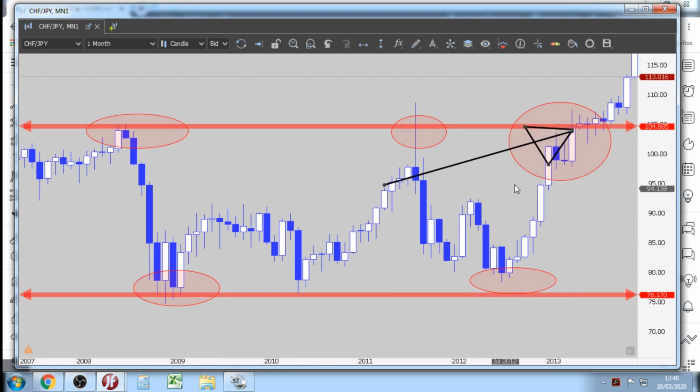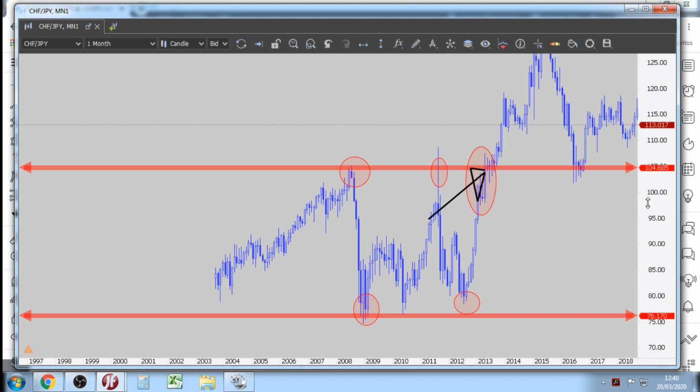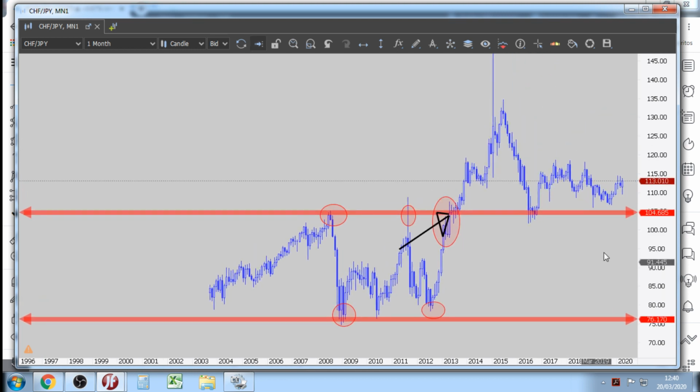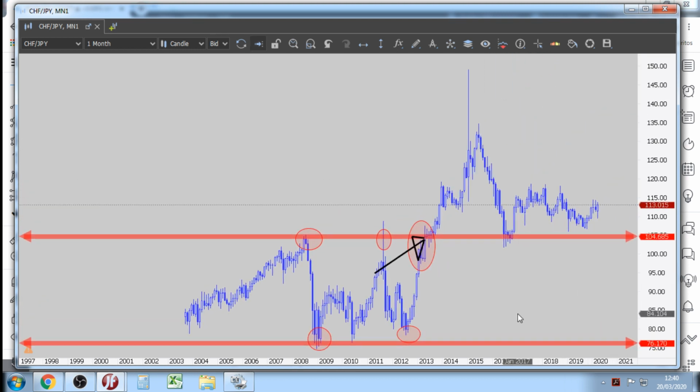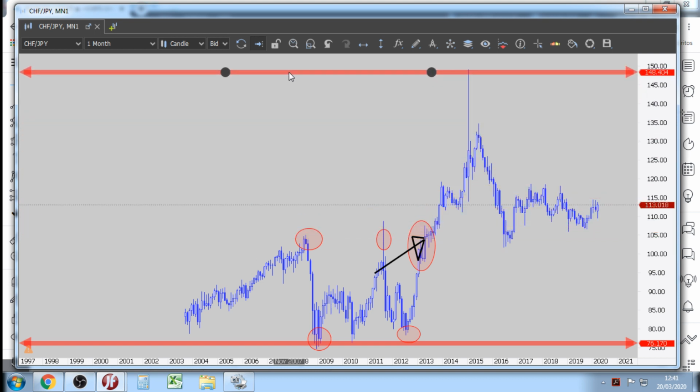And then what happened? Bam! This happened. Okay? What does this mean, and why is this important for the beginner trader? Sometimes, everybody, the market is going to find new levels of the upper band and new levels of the lower band, everybody. 80-90% of the currencies, you can bet on them.